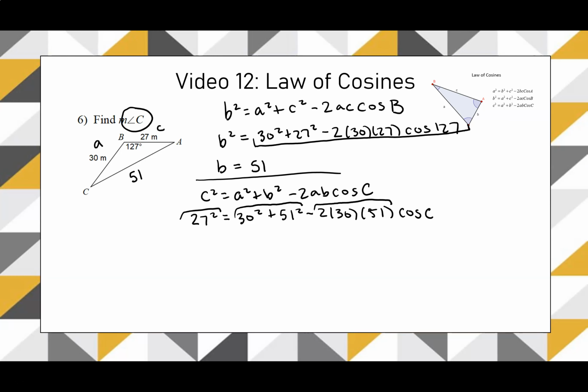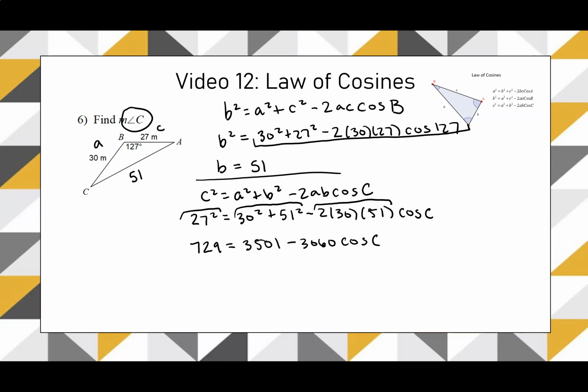So 27 squared gives me 729, which is equal to, and that next thing becomes a 3501. And then the next part becomes a 3060 cosine C.